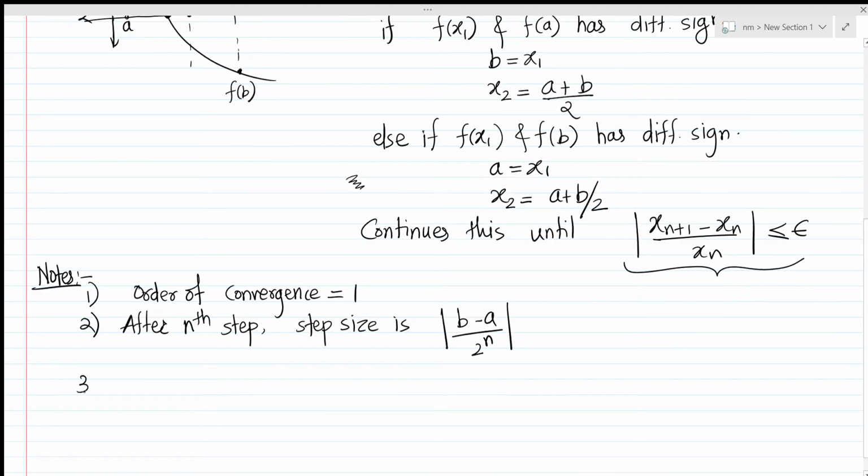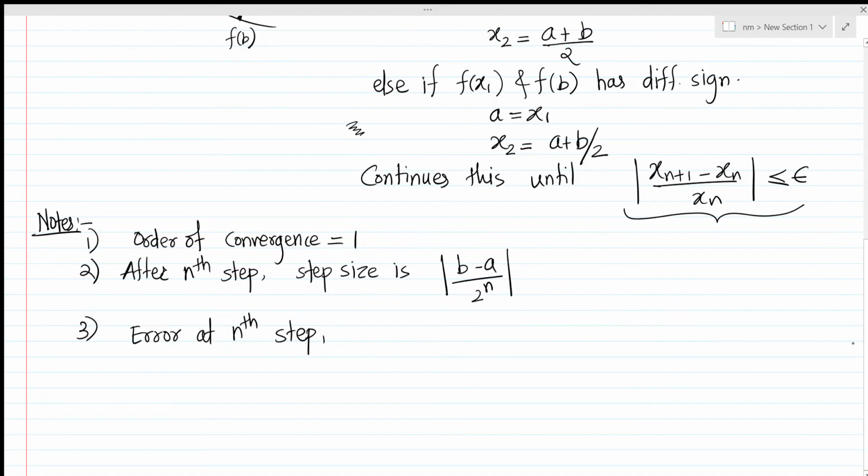The third point is that the error at the nth step in the bisection method is bounded by (b minus a) divided by 2 raised to n, less than or equal to epsilon.